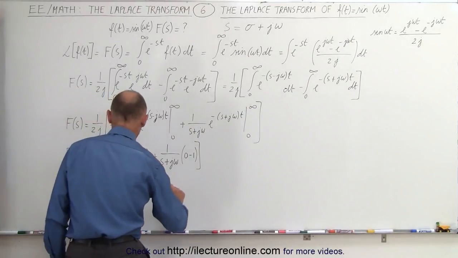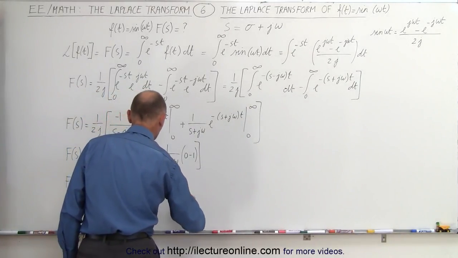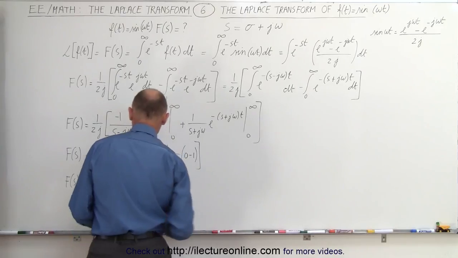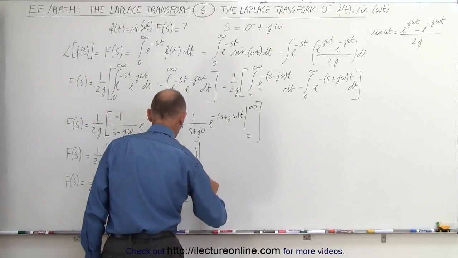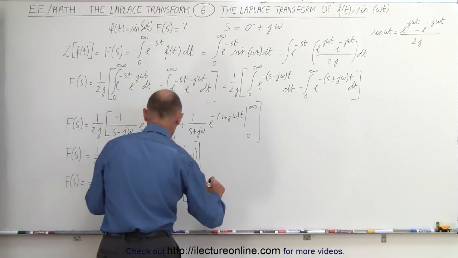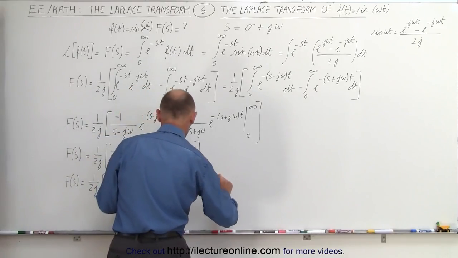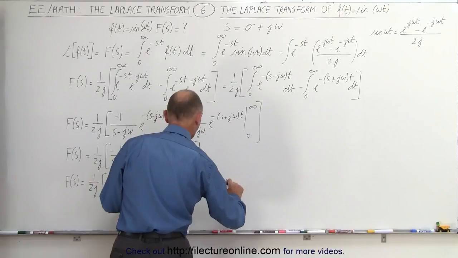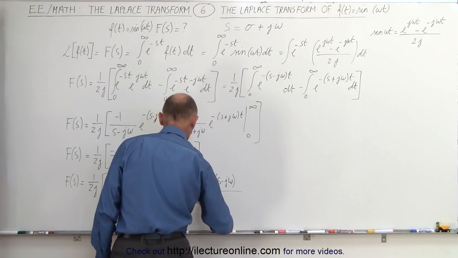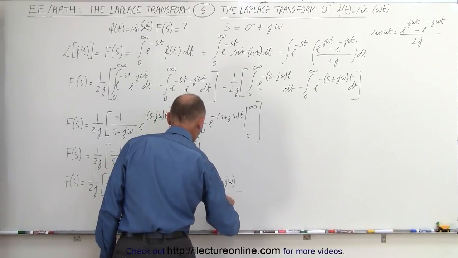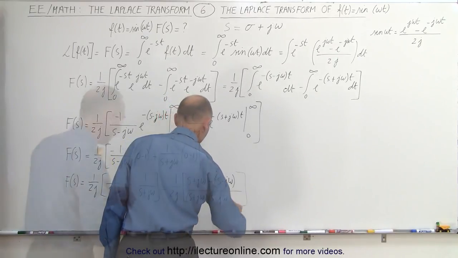So this can be written as 1 over 2j times the numerator, which will be s plus j omega minus s minus j omega, all divided by the common denominator of s plus j omega times s minus j omega.